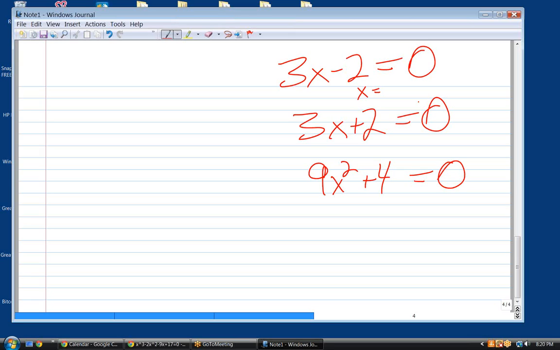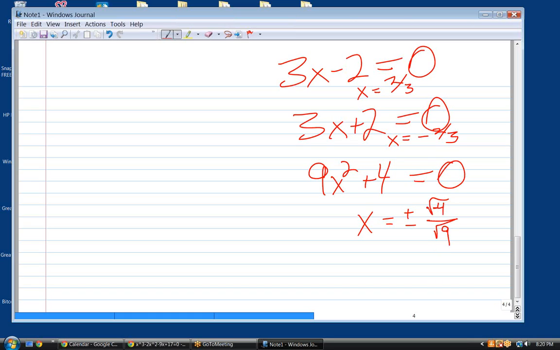X equals 2/3. Second one? X equals negative 2/3. And the third one? X equals square root of negative 4 over 9. Plus or minus? Okay. Square root of 4 over the square root of 9.